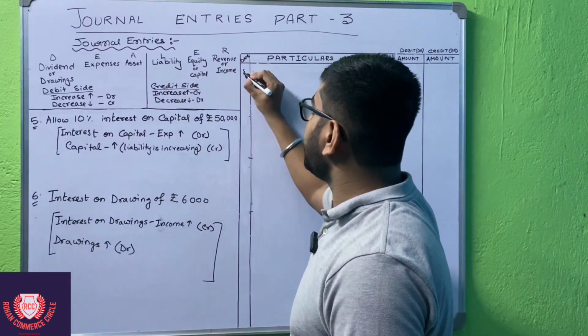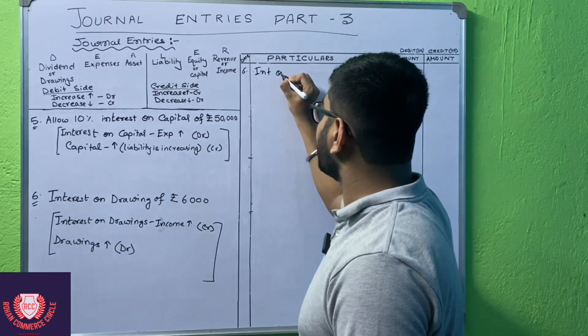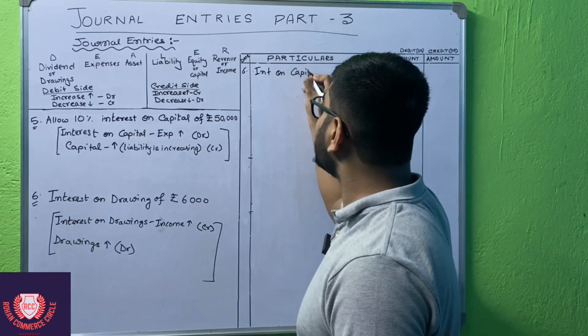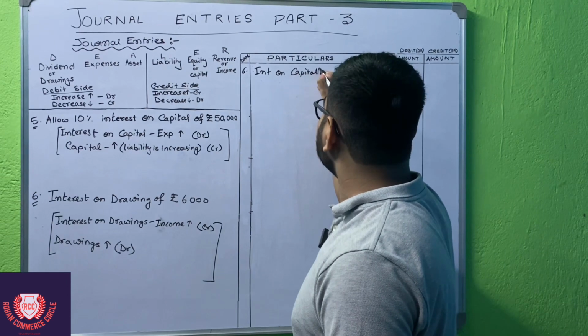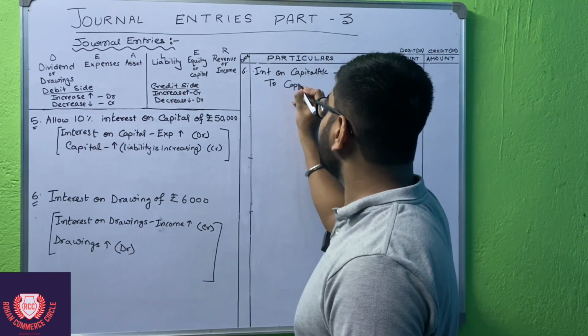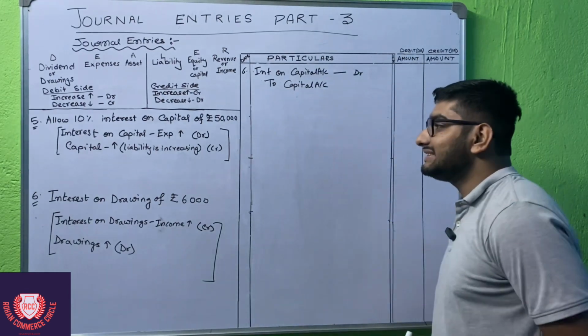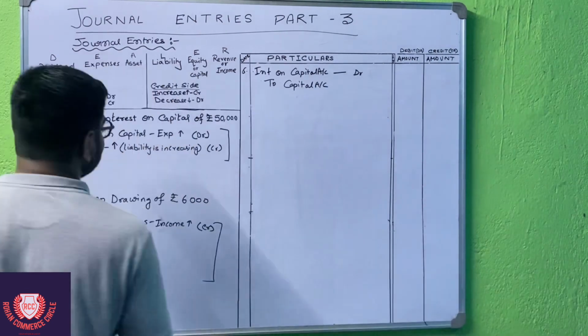So fifth number is interest on capital account debit to capital account. Okay. Now it's 10% on 50,000.